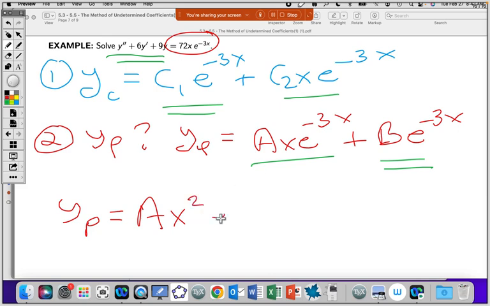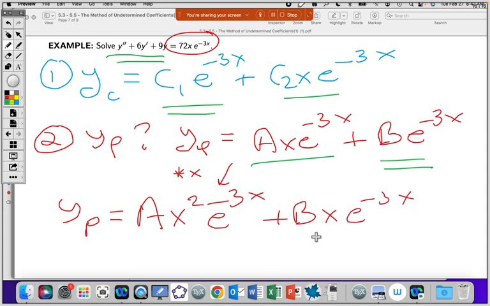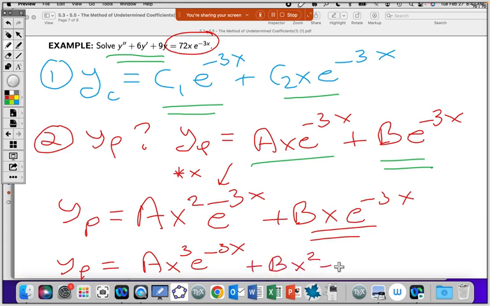So if I multiply by x once, let's do it this way. I still get duplication. So if at first you don't succeed, try again.